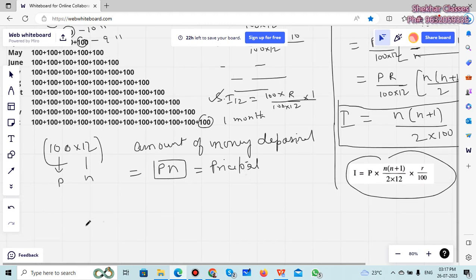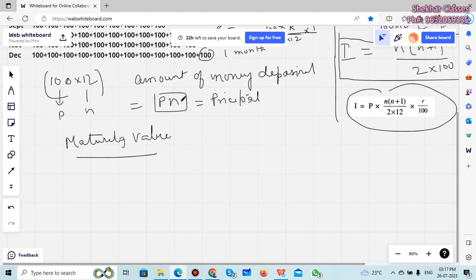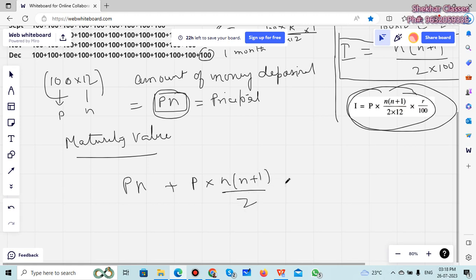Now, how much is the interest? The amount that you will get is called the maturity value. What is maturity value? This is the total amount that you will get from the bank, which means the amount you deposited, the principal, plus the interest. The principal is 100 for 1 month, and 1200 for 12 months. So for 1 month it is P, for N months it is PN, plus the interest. The interest is P times N into N plus 1 upon 2, into R by 100, and you can multiply by 12 over there.